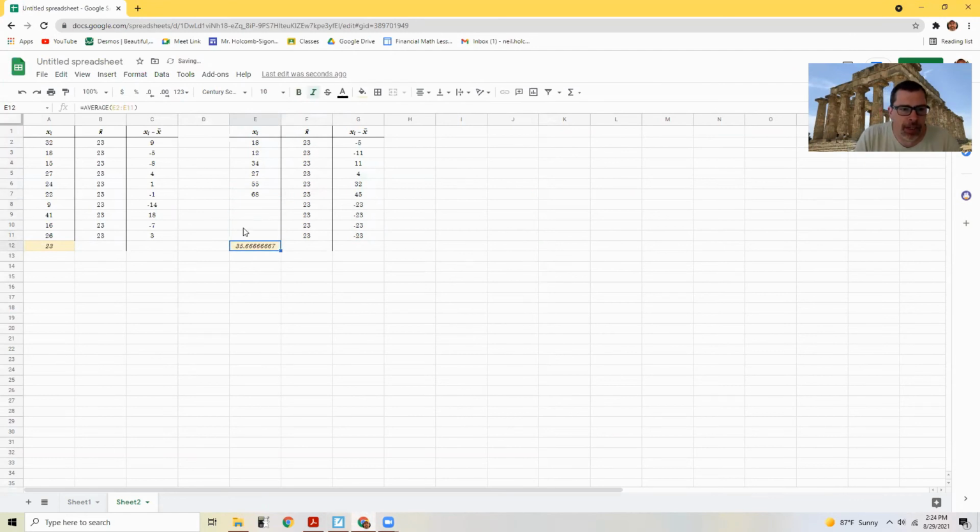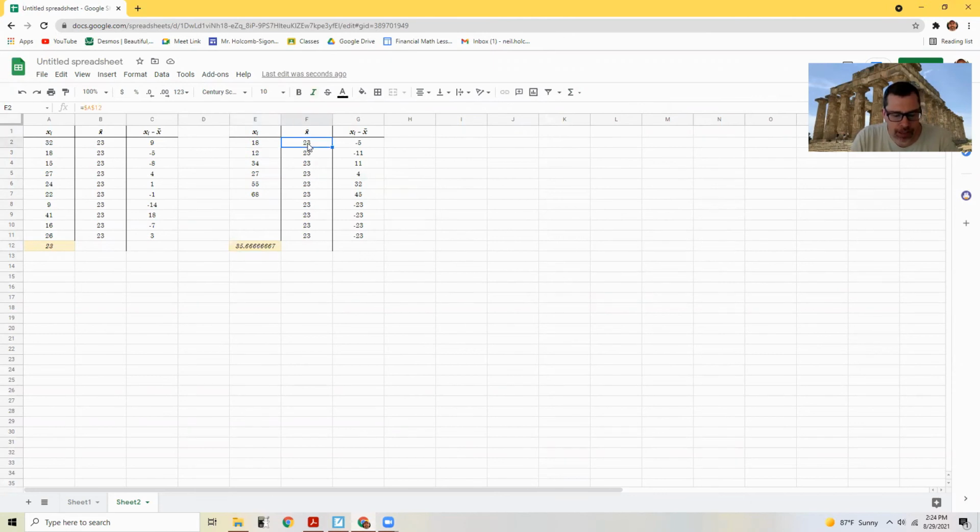Okay, so now my mean is 35 2/3. Or is it? Let me just redo that. Let me go here and do average of these. And it is 35.6 repeating, which is 35 2/3.